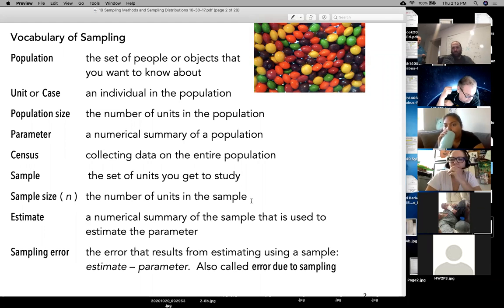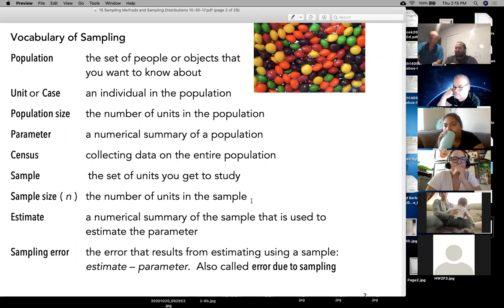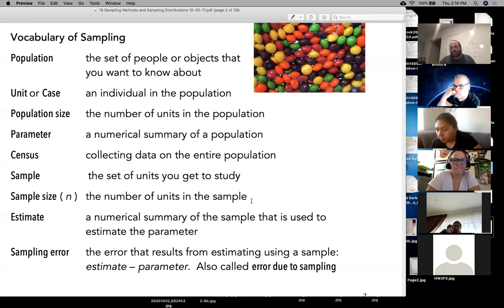Okay? Do I know the average height of every American? No, but whatever that number is, that's a parameter, because that's a numerical summary of the entire population.